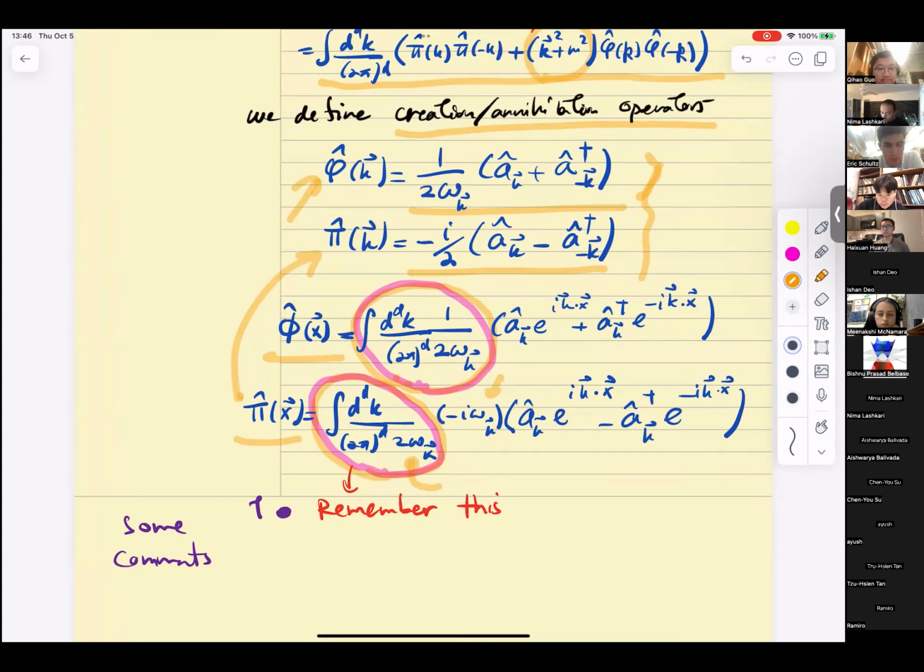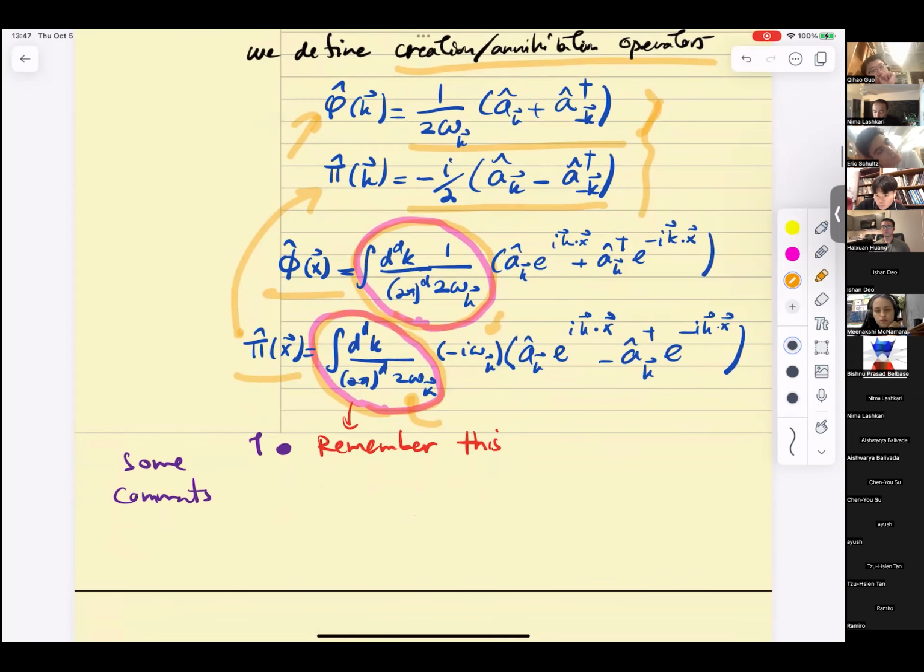So I'm keeping this expression, the integral in 3+1 dimensions, d^3k over (2 pi)^3, divided by 2 omega_k. I'm intentionally keeping these expressions explicitly. So remember that. I'll come back and comment on why I'm doing that. That's comment number one.